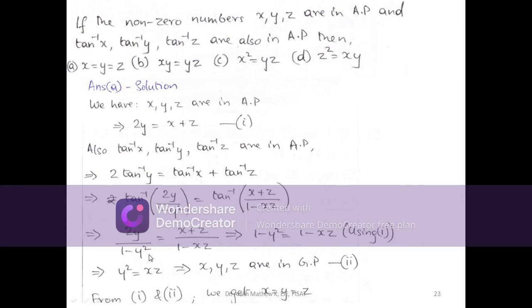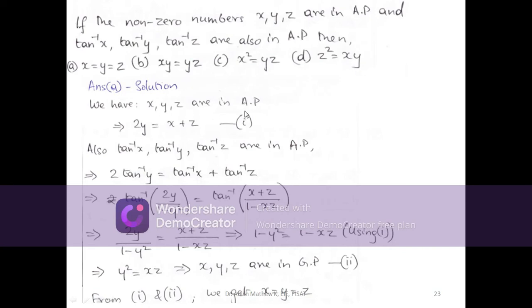So the question doesn't end there. You have got y square equal to xz. Now you are given x, y, z are in arithmetic progression. Also, y square equal to xz means y is the geometric mean between x and z, so x, y, z are in geometric progression.